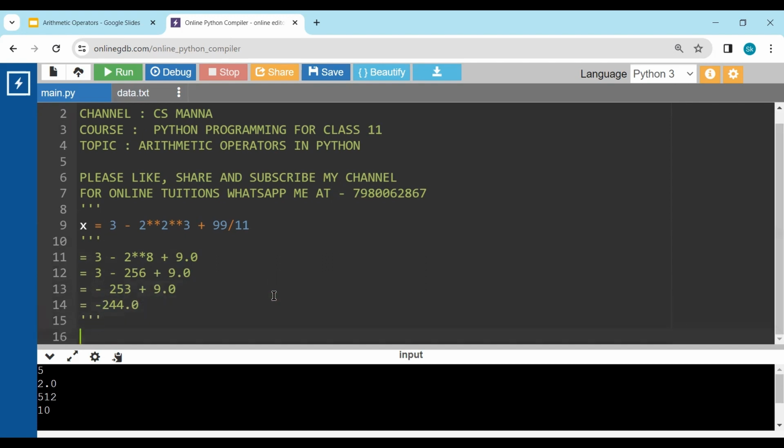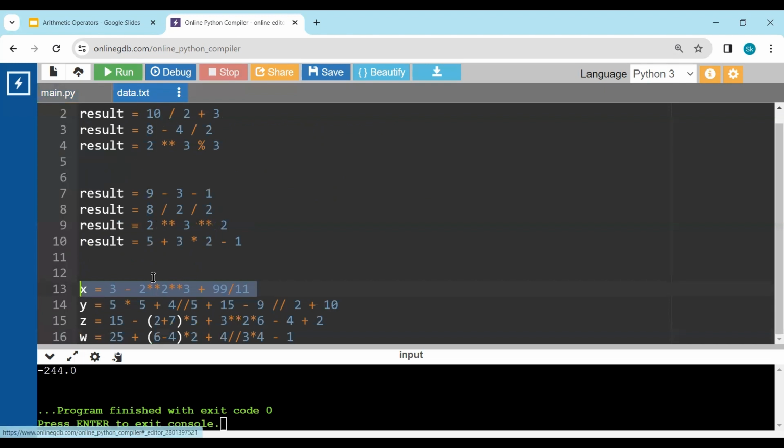So this is the thing. So let's write print x and see what our result is in this case. So the result has come to minus 244. So this is what we have. Evaluation we have seen. So it's correct.